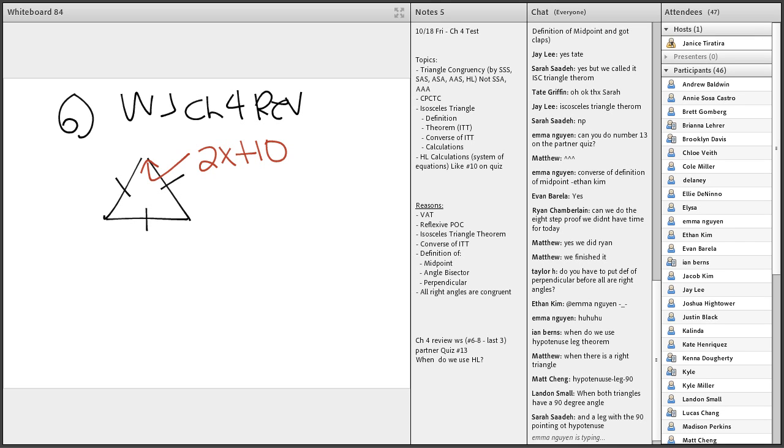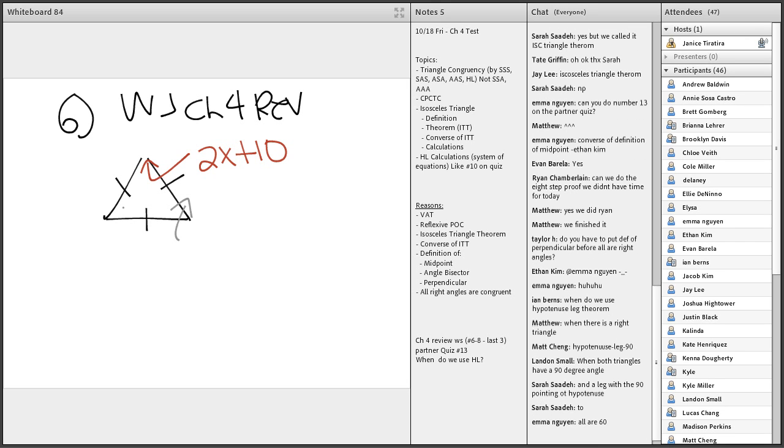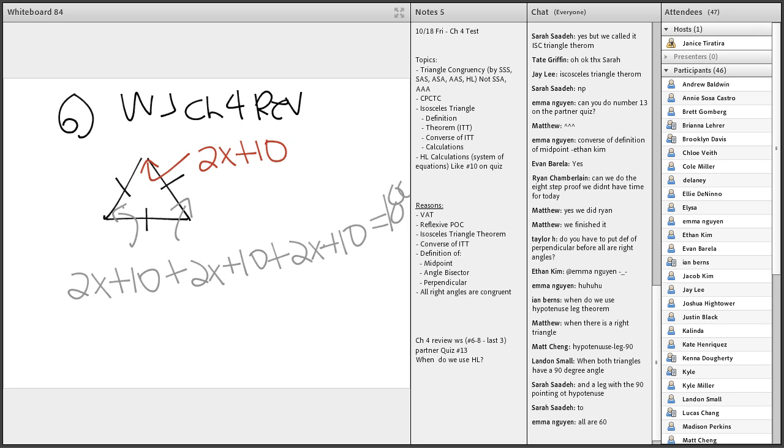You could approach this 2 ways. You know all 3 of these angles are the same. They're all 2x plus 10. So you can technically do this. I don't recommend it, but if this makes the most sense to you, feel free. It just takes a little bit longer, okay? But it's not a wrong idea. So that's step 1. You can do that and you can solve for x, okay?